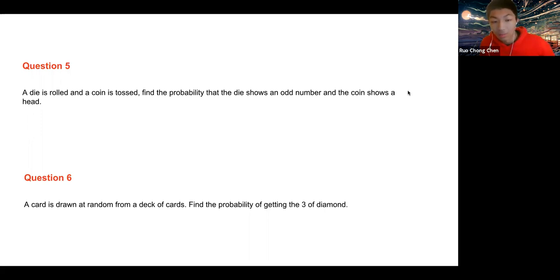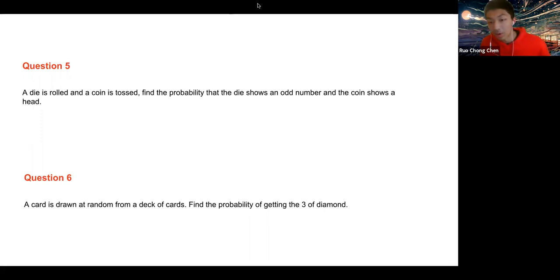We assume it's a fair die, and a normal die has 6 faces. It's asking for the odd numbers, which means the sum of the probabilities of it showing either 1, 3, or 5. And the coin shows a head.